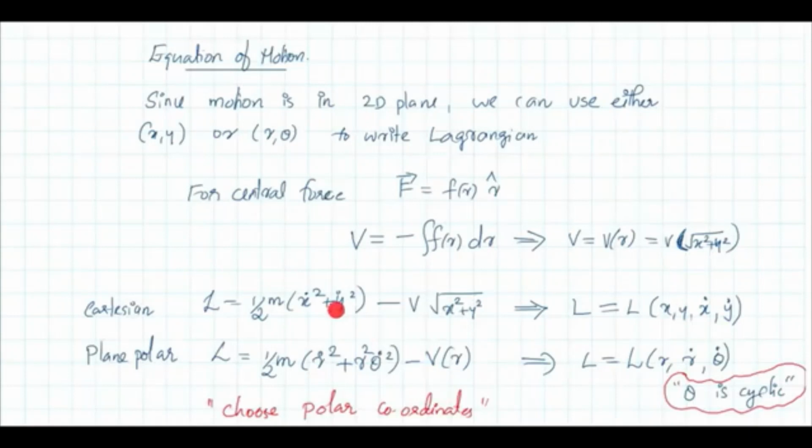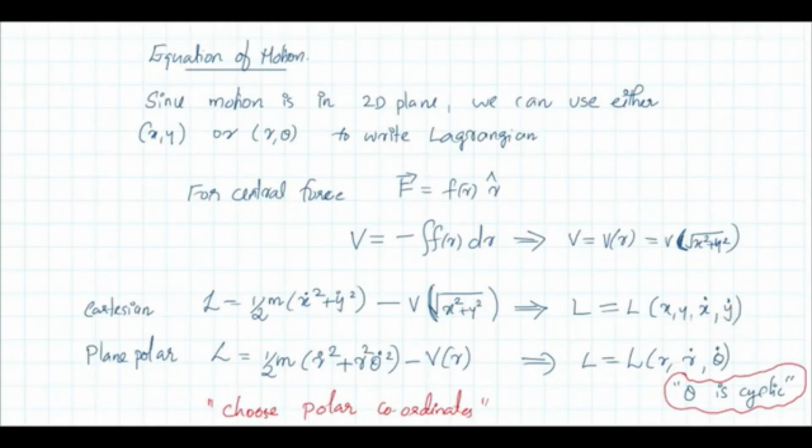And the Lagrangian is T minus V, kinetic energy minus potential energy, where V is a function of the root of x square plus y square. So this is the Lagrangian in Cartesian coordinates, and it depends on x, y, x dot and y dot.